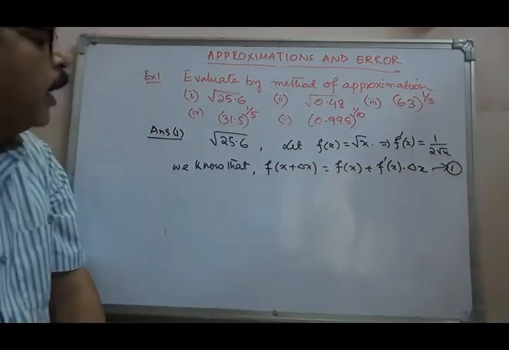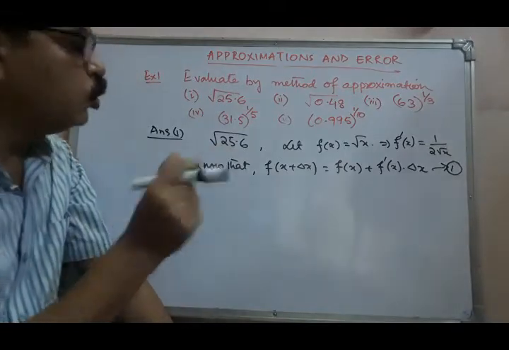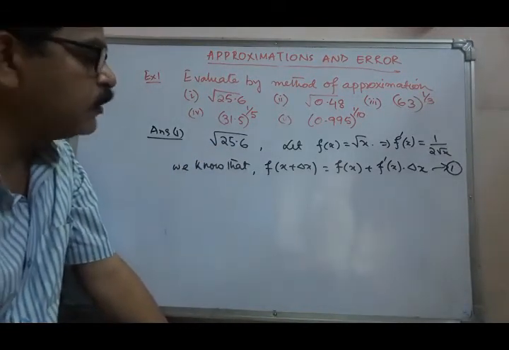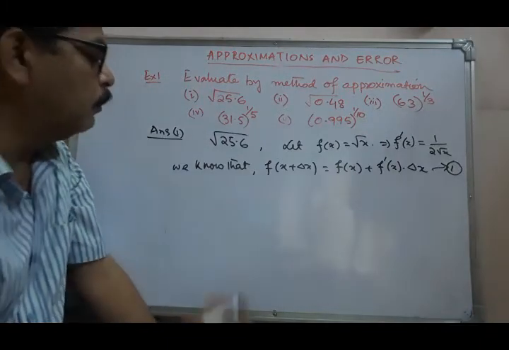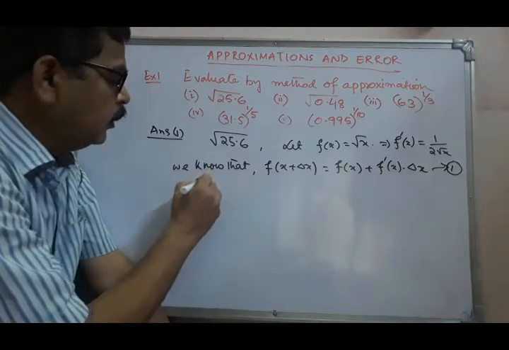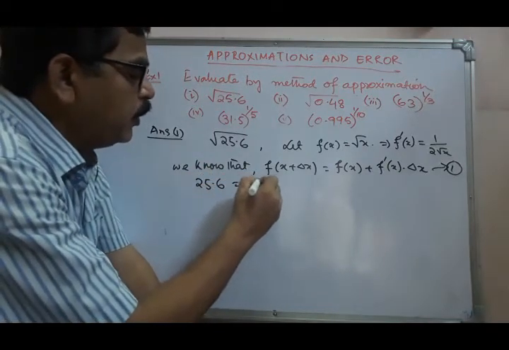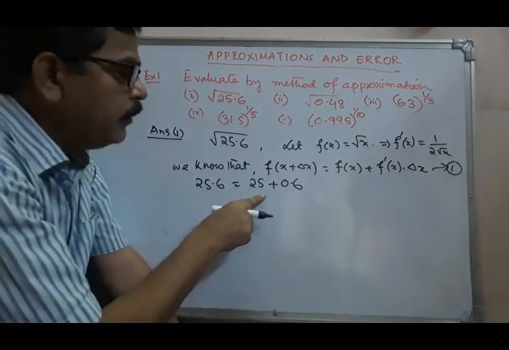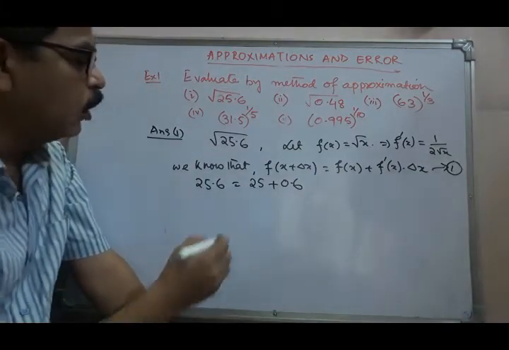Now we have to divide 25.6 into two numbers, so that one number has a perfect square root and the other is a very small number. For example, here we divide 25.6 into 25 and 0.6, because 25 has a perfect square root and 0.6 is a very small number.